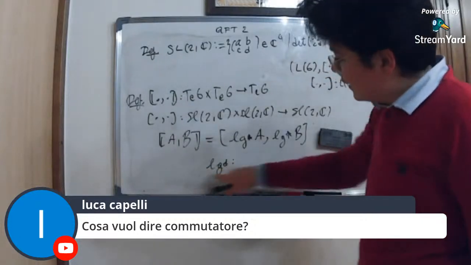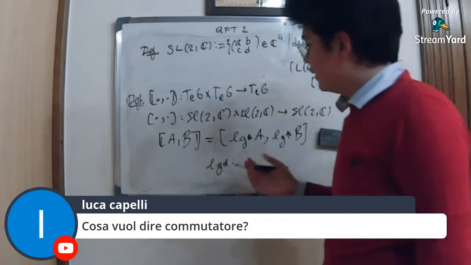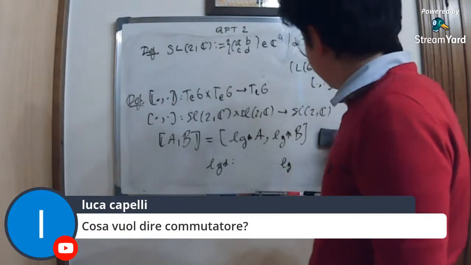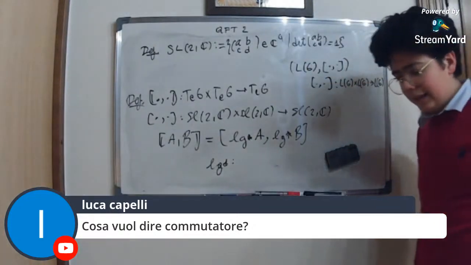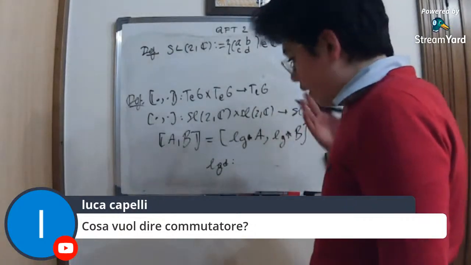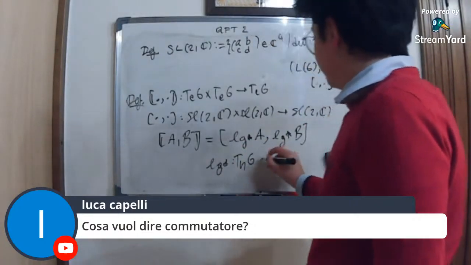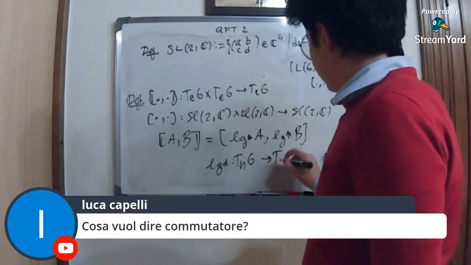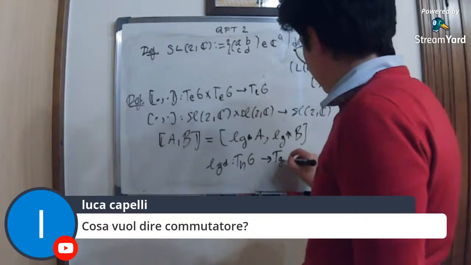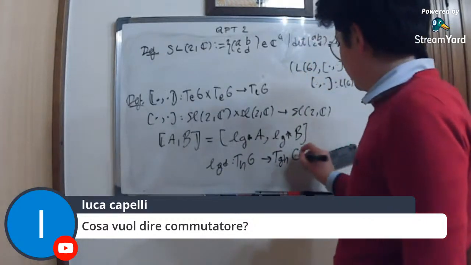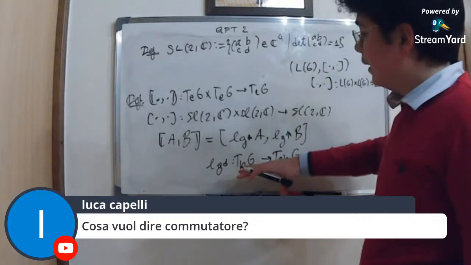Of course, this map is induced by another map, the normal isomorphism LG, and so this is the pullback of the original map, from THG, for example, to T2G, where H is a point of my manifold.